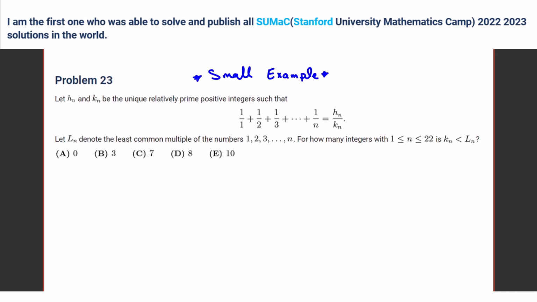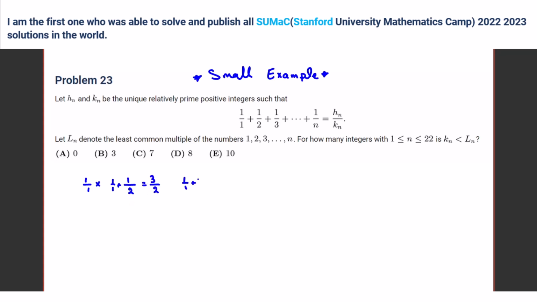Past 8. Okay, so for 1 over 1, we know Kn is equal to Ln, right? Yeah. 1 over 1 plus 1 over 2, it's 3 over 2, right?